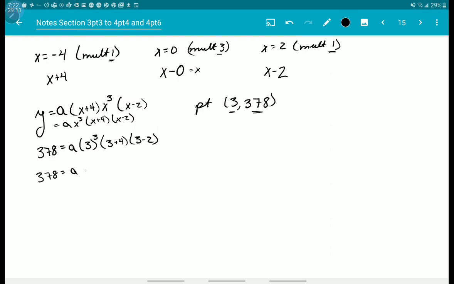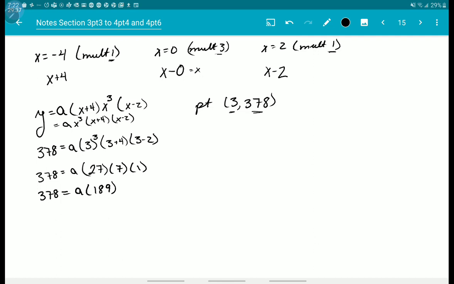Let's simplify that. This is 3 cubed, which is 27. Times 7 times 1. 27 times 7 is 189.